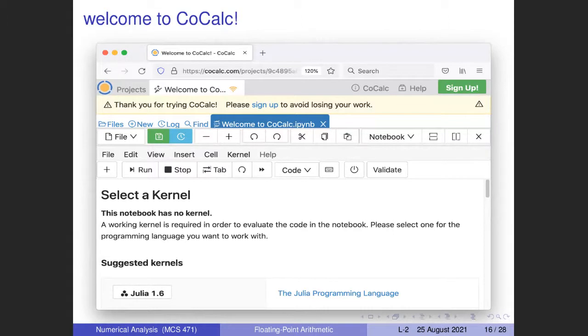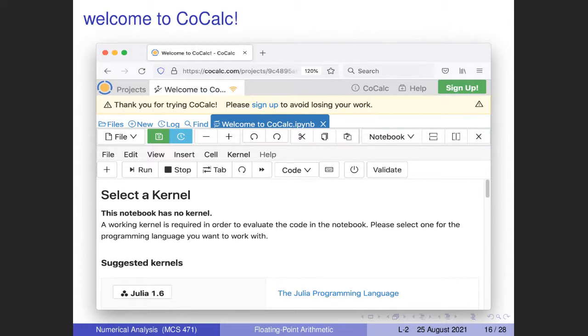Here is a CoCalc session where, after the welcome screen, I'm actually not really using CoCalc in the proper manner. See the green letters, sign up. I did not sign up here. So today we are running Julia as a calculator.